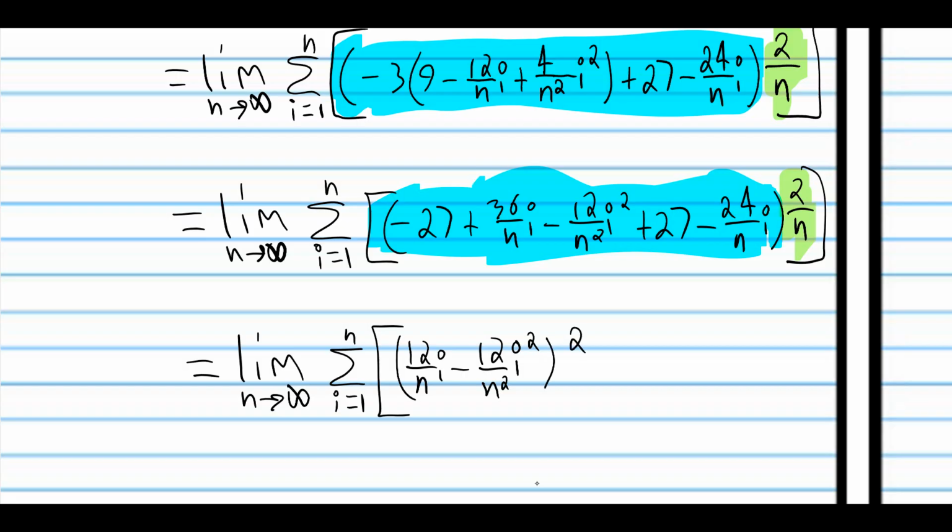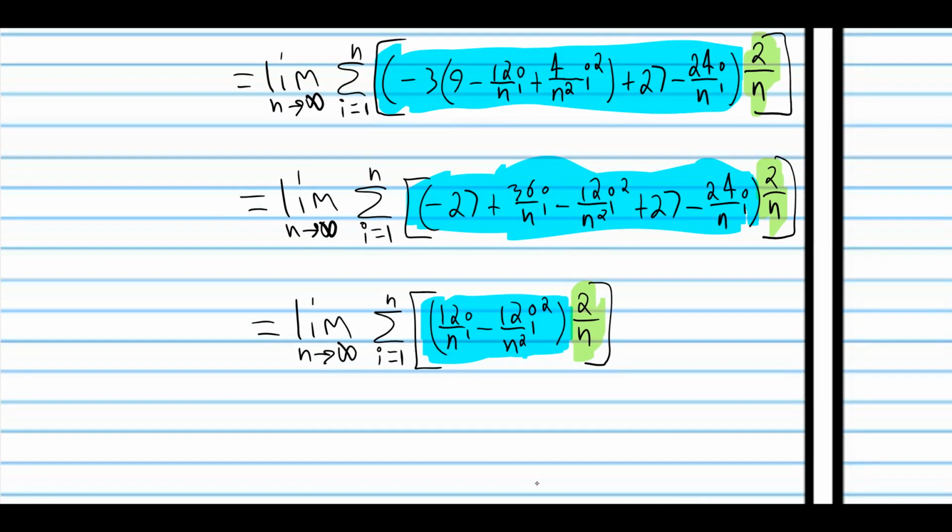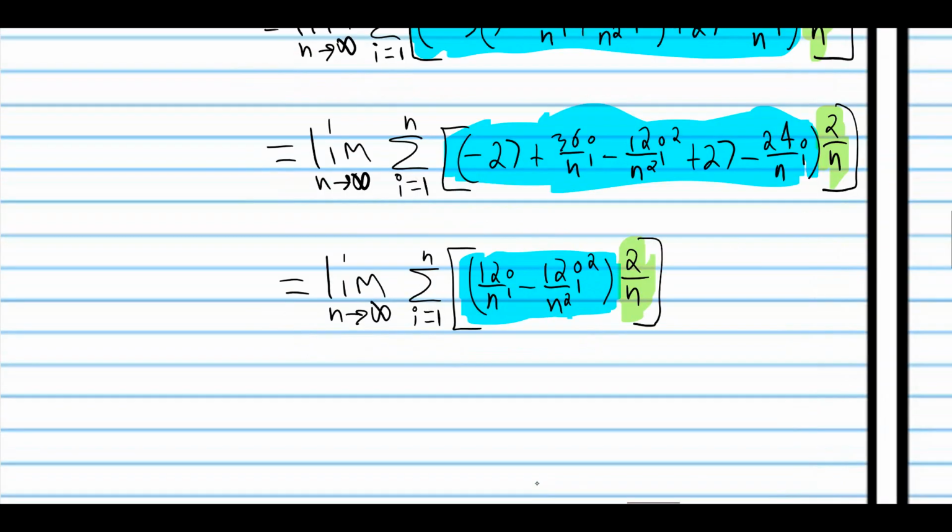And all that is multiplied by 2 over n. So again, the blue expression is the height of each rectangle. And the green expression is the width of each rectangle, just so you know where that stuff came from. So just double checking everything.